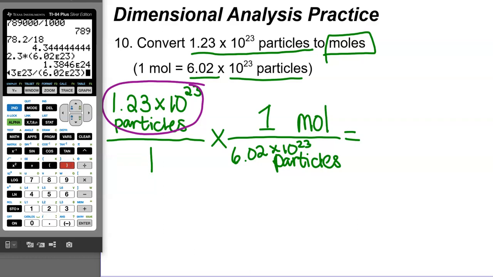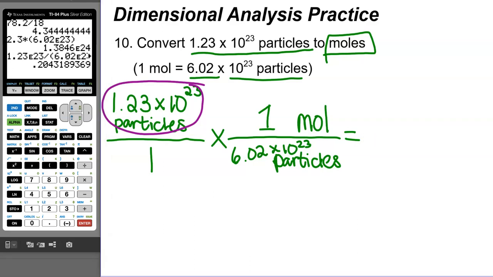So the parentheses are to make sure my calculator reads that correctly, because sometimes if we don't put parentheses, our calculators will not read the scientific notation correctly. So I get a number, it's no longer in scientific notation, so I just am going to write that out. Let's see. Coming back over here, we have 0.2043. I'll stop there.